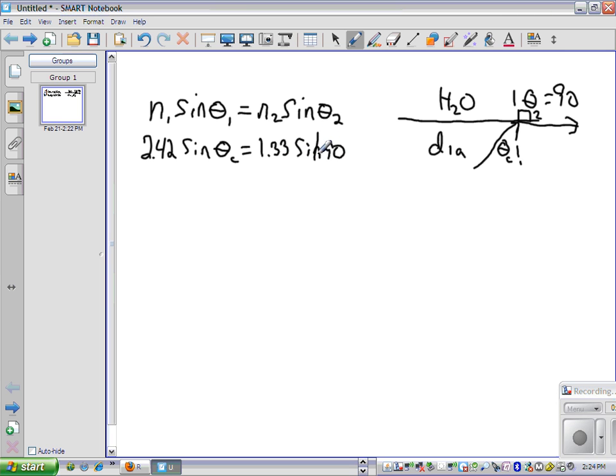We know the sine of 90 degrees is 1. So when we go ahead and solve for that critical angle, we end up with an answer of 33.3 degrees. And this was for part B in that previous answer. If you did part A, you would have put in 1 for n2, and you would have ended up with an answer of 24 degrees.